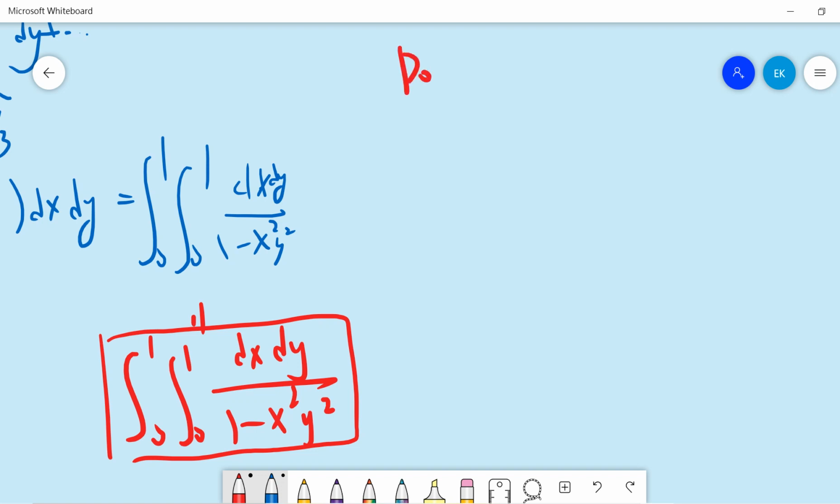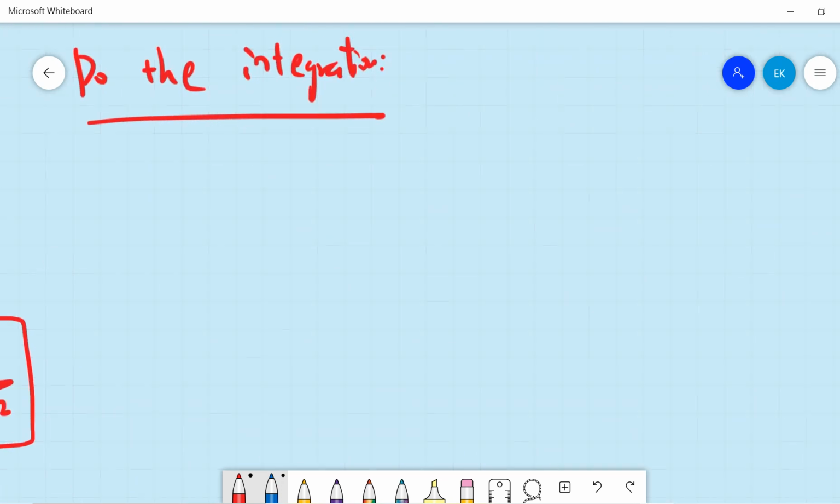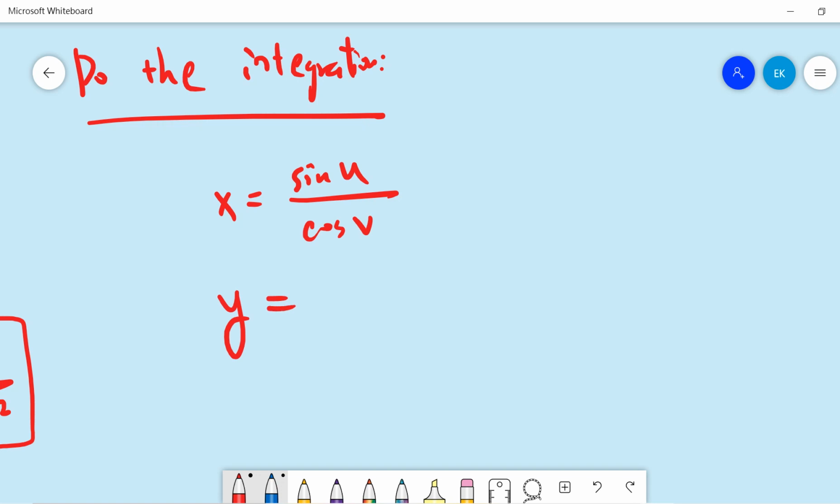So now we do the integration. It's very non-trivial to see how I can do this integration. Basically I can let x equal sine u divided by cosine v, and y equal sine v divided by cosine u.